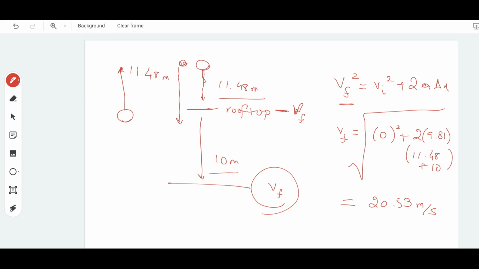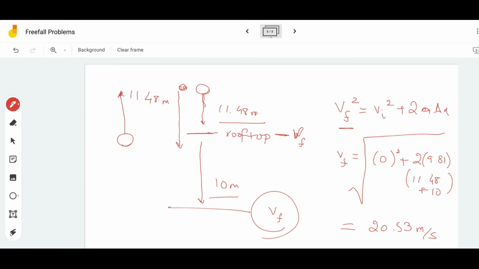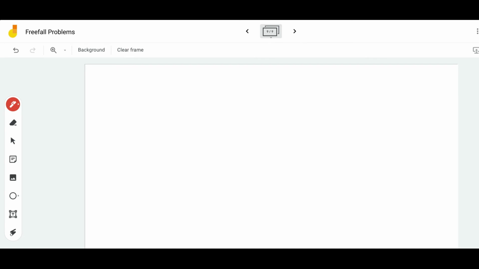Now, there are quite a few more things that you can also extract from this data, and that's essentially that you can find out what the time is. Since we know what our Vf is, we know what our Vi is, we know what a is, for each of these questions you can find delta t using equation 1, which was Vf is equal to Vi plus a t.